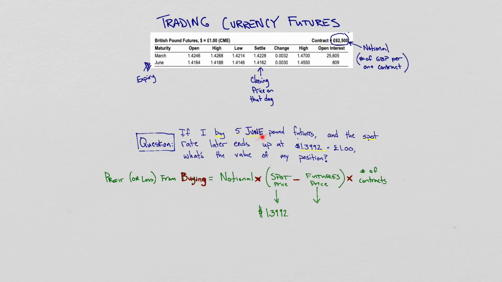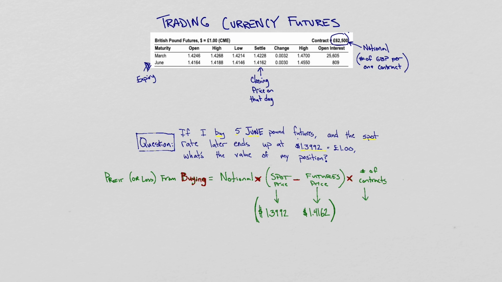And with the June contract, the settle price, the price that we're going to assume that we bought at that day, was 1.4162. These are both in dollar terms, so these are dollars per pound, and we don't have to do any switching around. We can just directly drop them in.